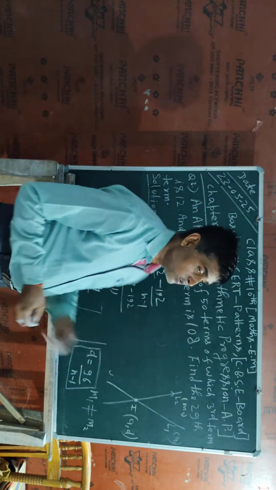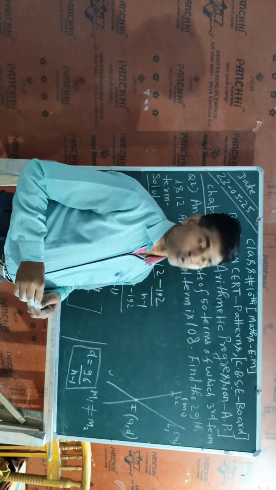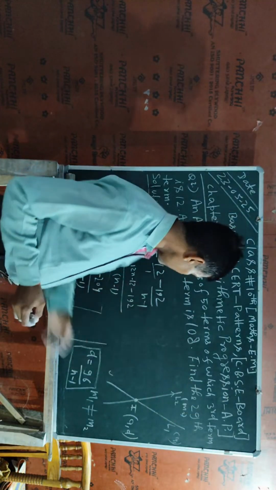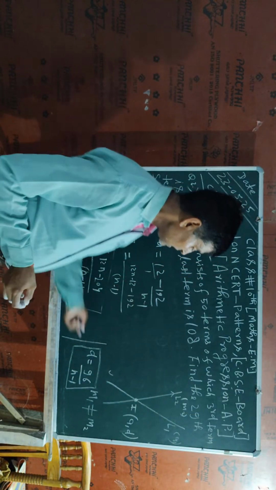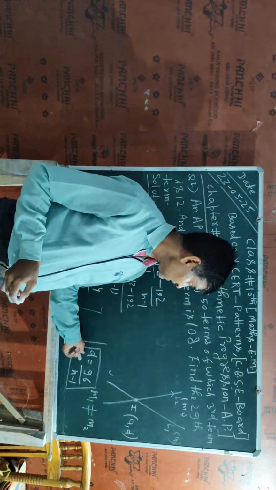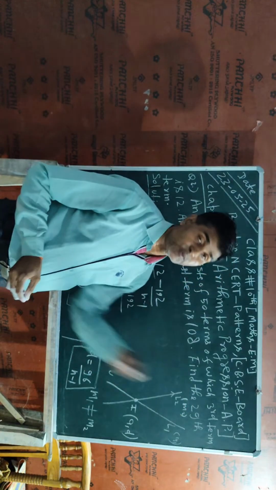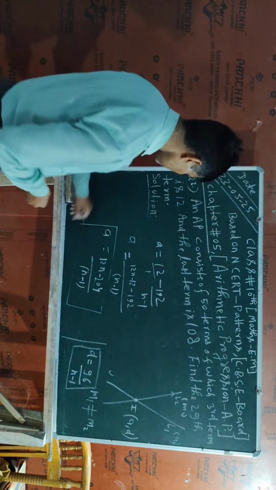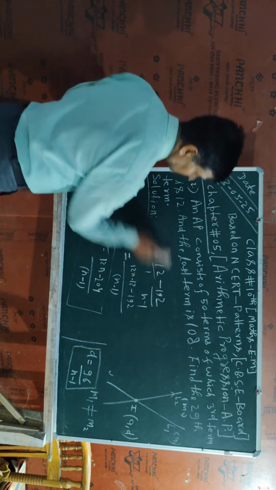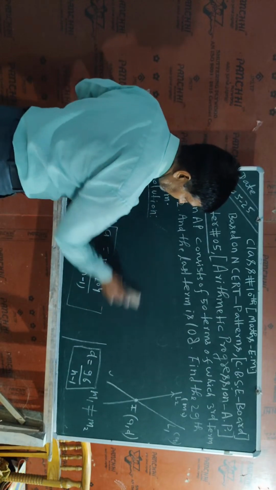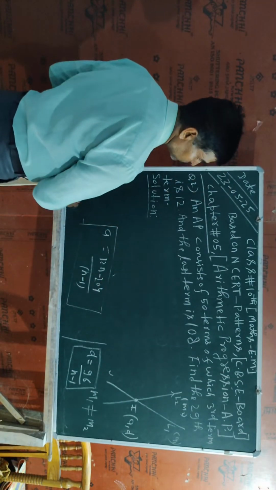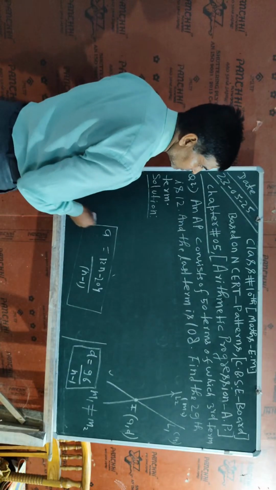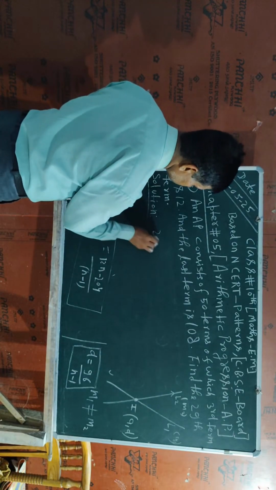Now further I will write the nth term of an arithmetic progression. In the place of a, I will substitute this value. In the place of b, I will substitute this value, and in the place of n, I will substitute 29. And after substituting, I will solve. After solving, I will get its result. So the above data I am going to erase. Now further I am going to write the 29th term of an arithmetic progression.